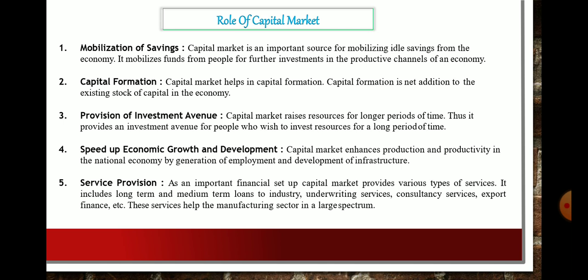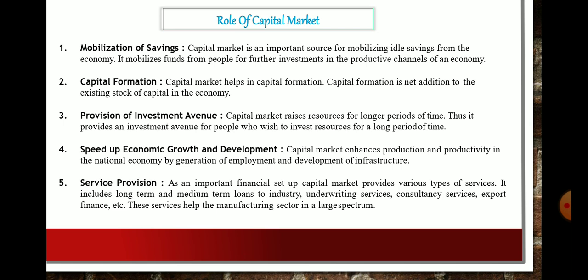For example, if I earn rupees 30,000 per month and I am saving rupees 2,000 a month with a lock-in period of 5 years, I will save 24,000 every year. For 5 years, I will save 1,20,000. Plus, there is a capital gain, the appreciation in the money. So it will help in capital formation.